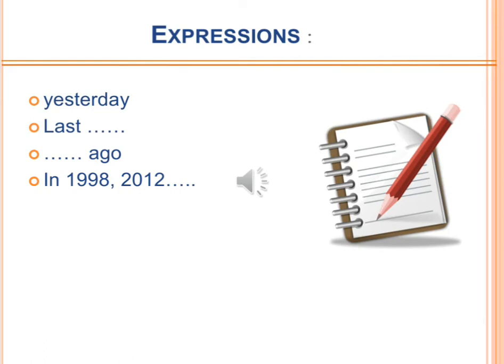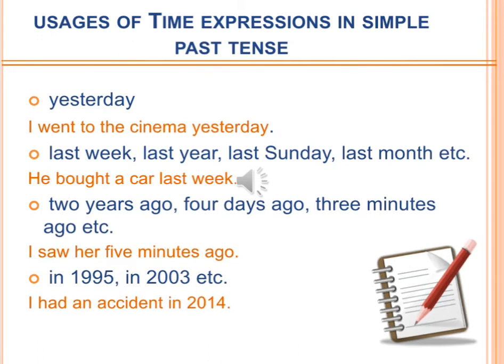Yesterday, last, ago, in 1998, 2012. Usages of time expressions in simple past tense. Yesterday: I went to the cinema yesterday.